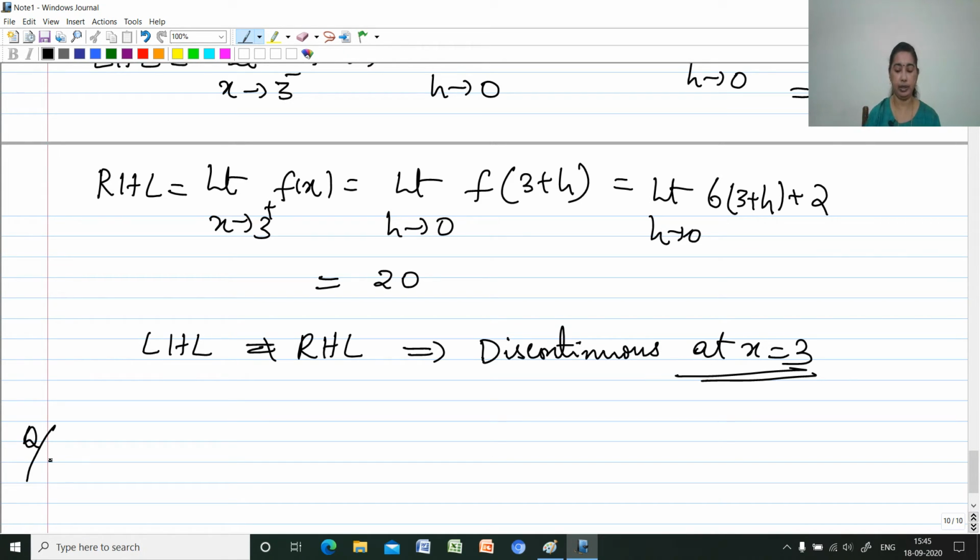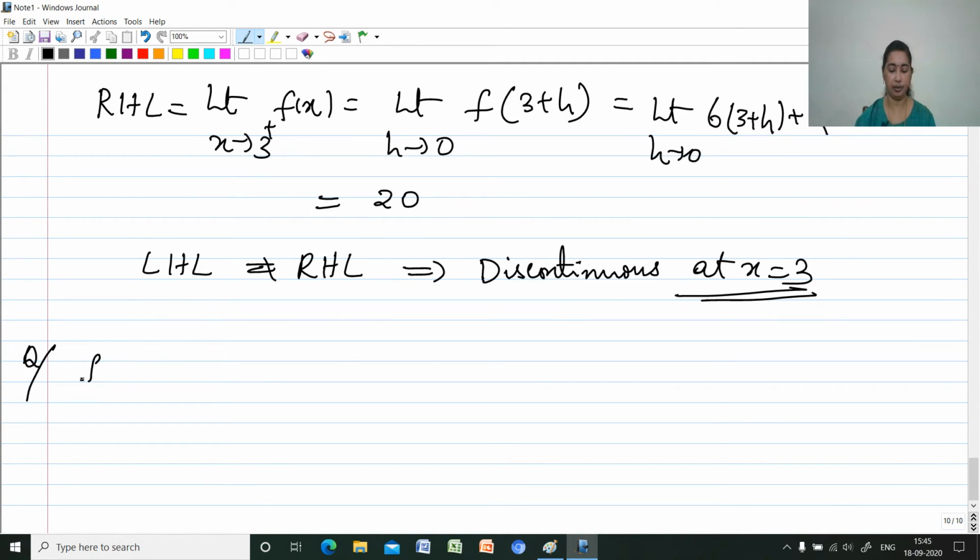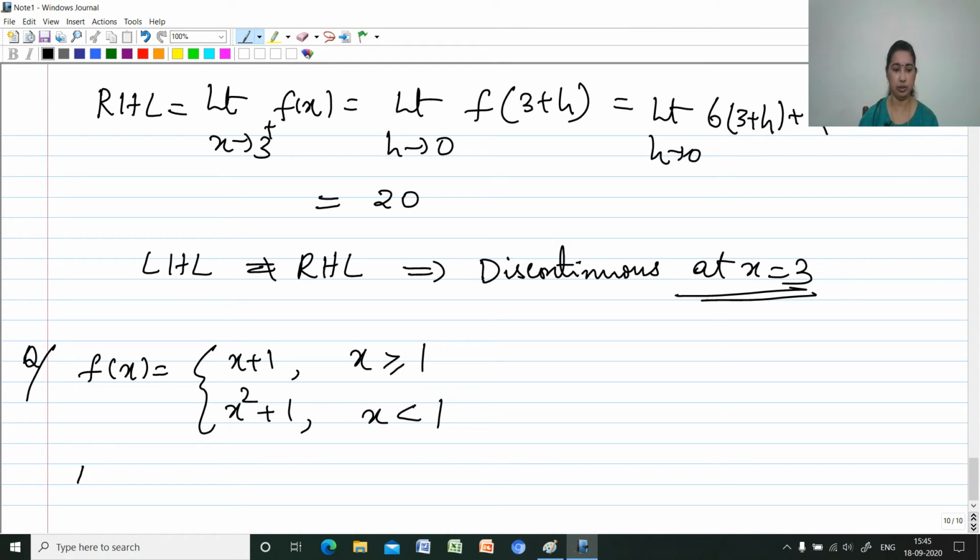Now another question from the same exercise. F of x equal to x plus 1 when x greater than or equal to 1, x square plus 1 when x less than 1. Same way we can find LHL.